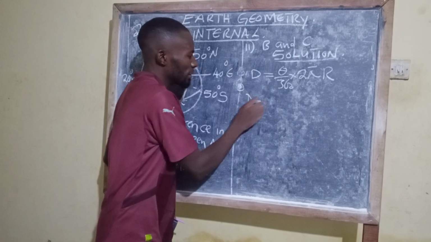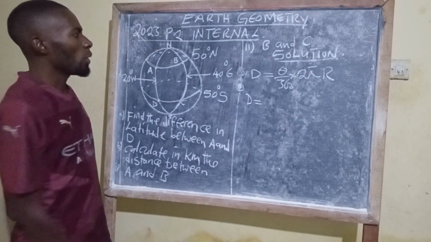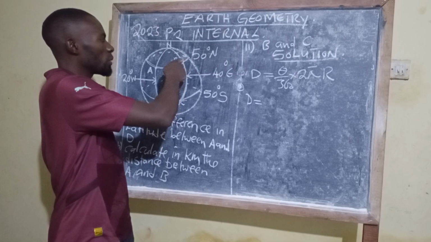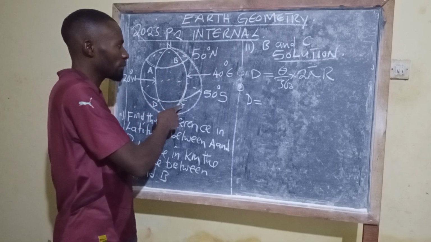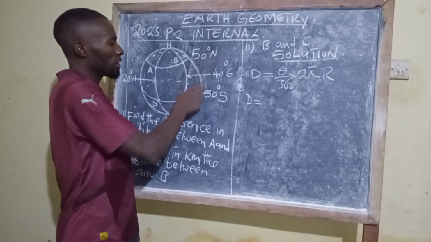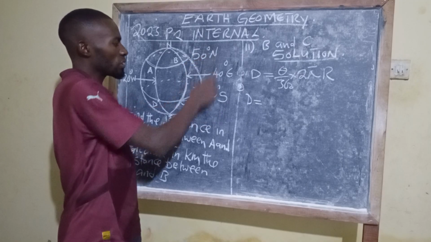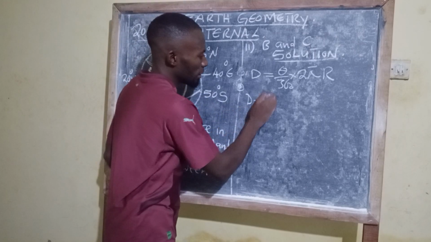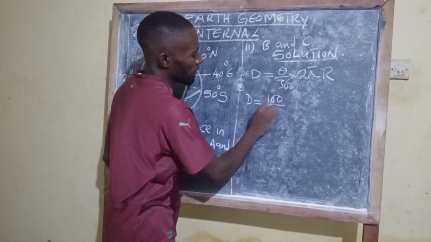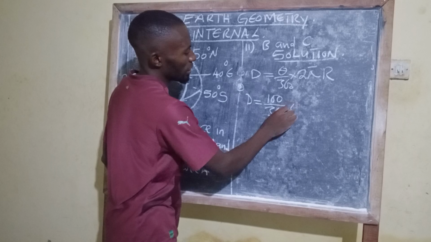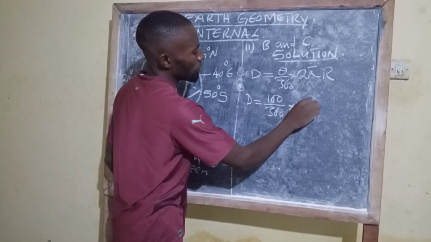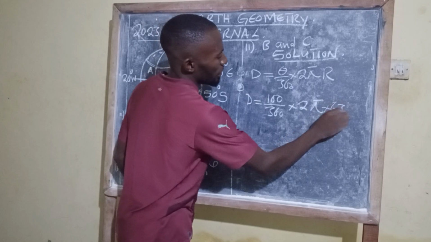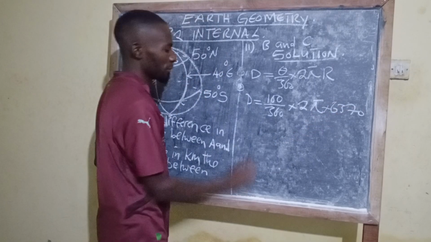So we find the difference in latitudes. Distance is equal to, what is now our theta? Our theta is the difference in latitude between point B and point C. Here you have 50 degrees north and 50 degrees south. North, south, you add, which gives 50 plus 50, which is 100, over 360 times 2 pi 370.